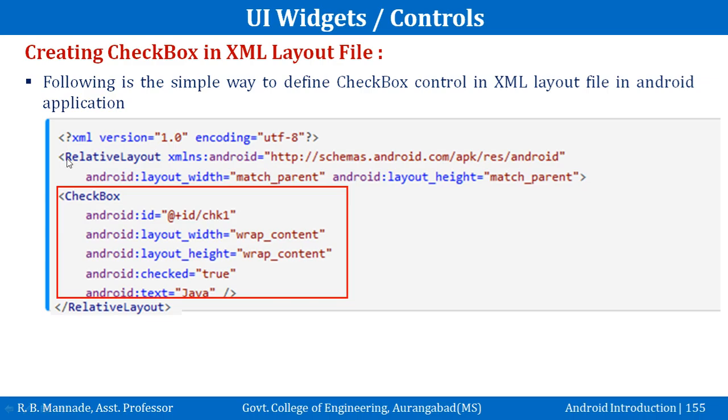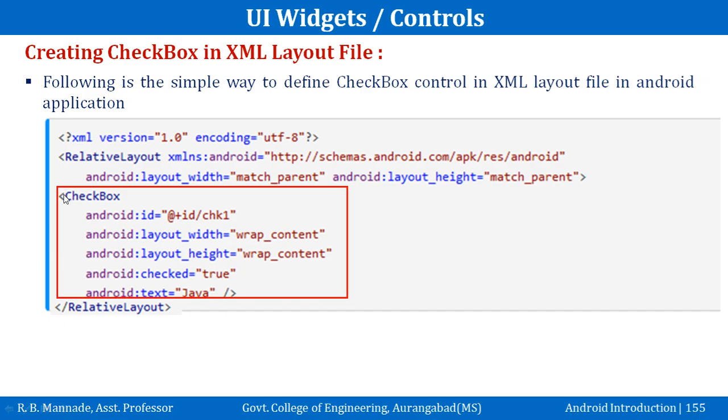There is one relative layout, and within this relative layout there is only one control, that is the checkbox. To create a checkbox control, a checkbox tag is used, as shown in this particular rectangle area.